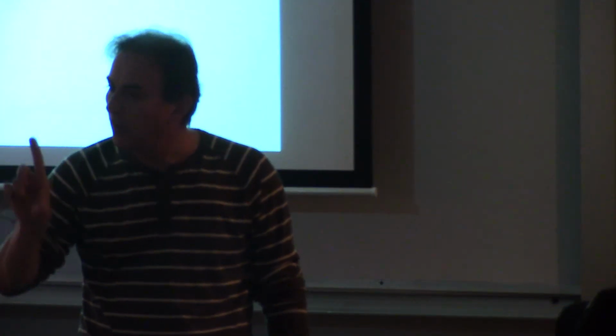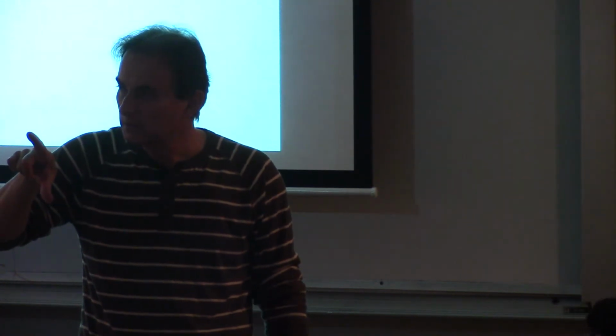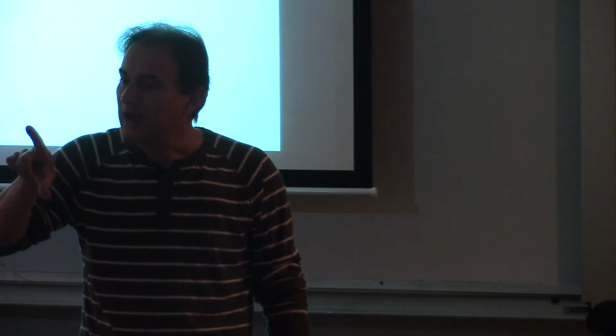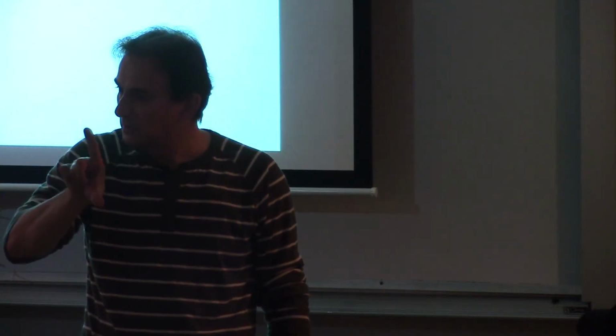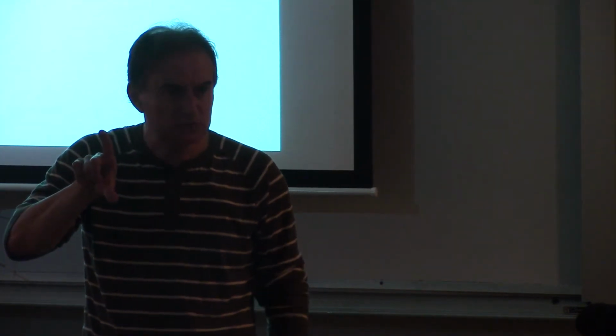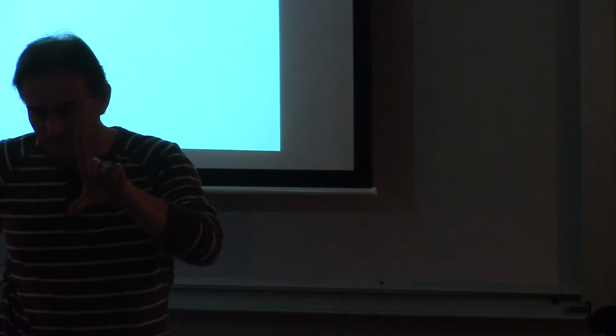So now we're going 1 against J plus 1. It's a match. Now we're going 2 against J plus 2. It's a mismatch. So we mismatched on the last one, on the C.